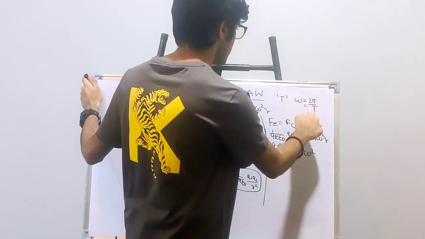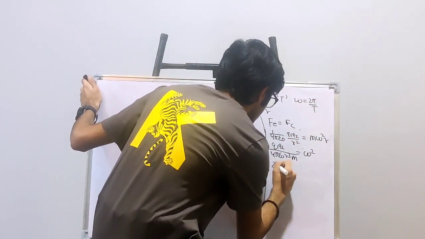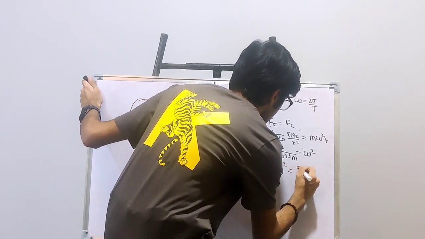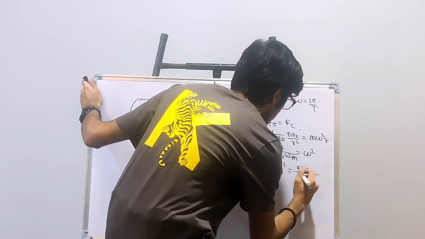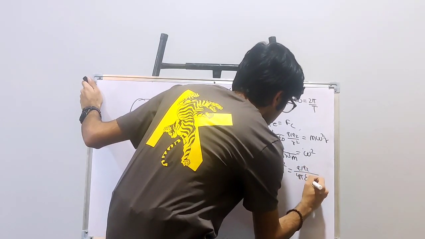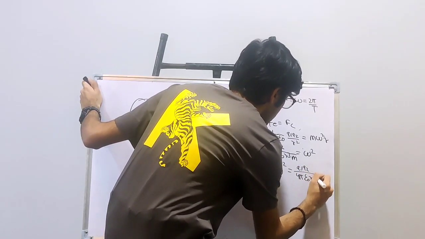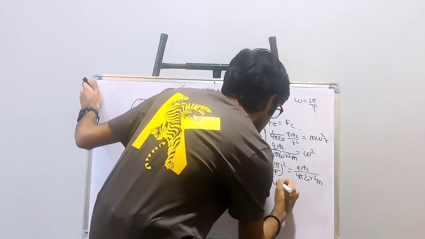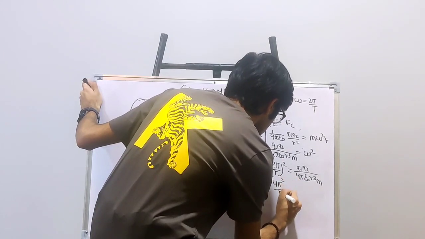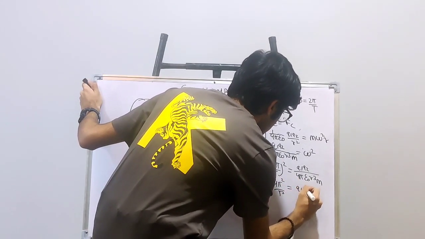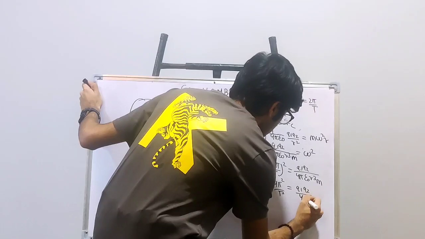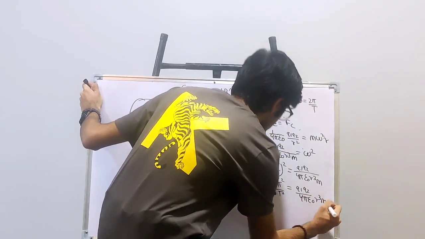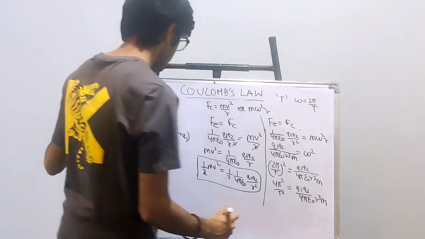Just substitute omega with 2 pi upon capital T, so we get 2 pi upon capital T whole squared is equal to q1 q2 upon 4 pi epsilon naught r cubed m. And this is 4 pi square T square equal to q1 q2 upon 4 pi epsilon naught r cube m.